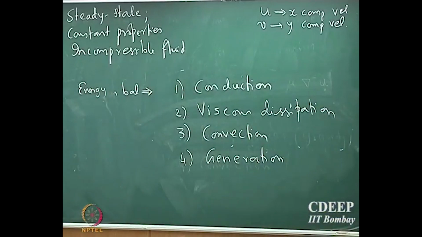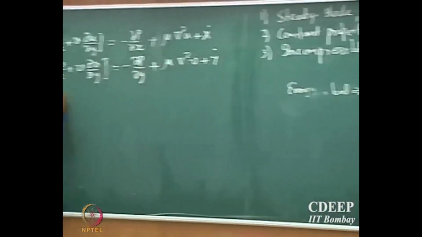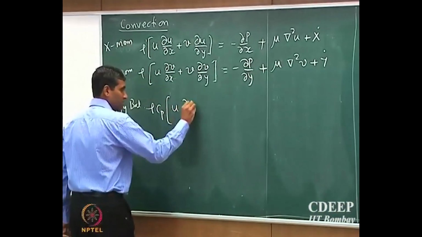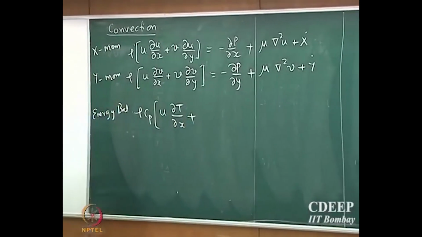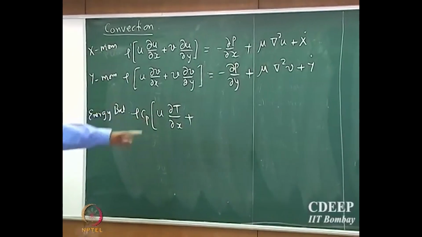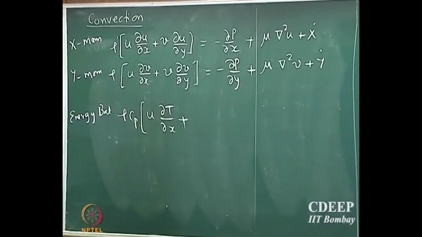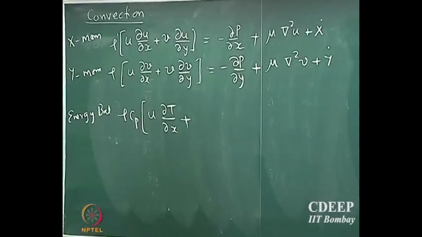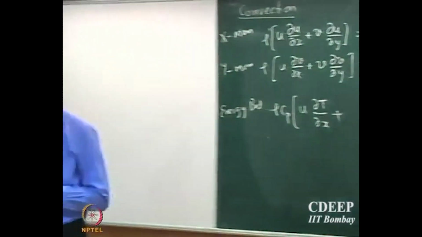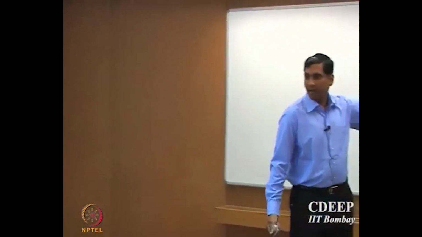So we can easily write down these balances: rho Cp, U, dou T by dou X, viscous dissipation, right? That's what convection accounts for.